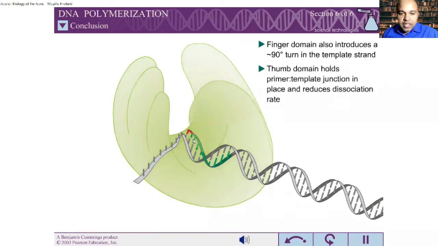The thumb domain interacts with recently synthesized DNA, serving to maintain the correct position of the primer template junction and reduce the rate of dissociation of the polymerase from the substrate. So the finger domain just attaches the DNA and keeps it in its perfect location.